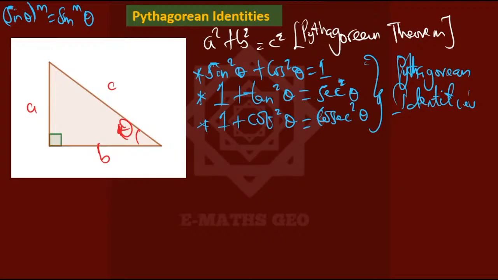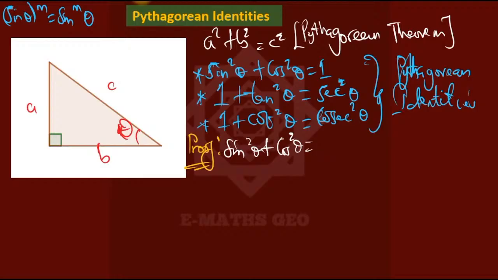So let's look at the quick proof of that. We want to show that sine squared plus cos squared is 1. Let's just start proving and see whether we'll get 1.